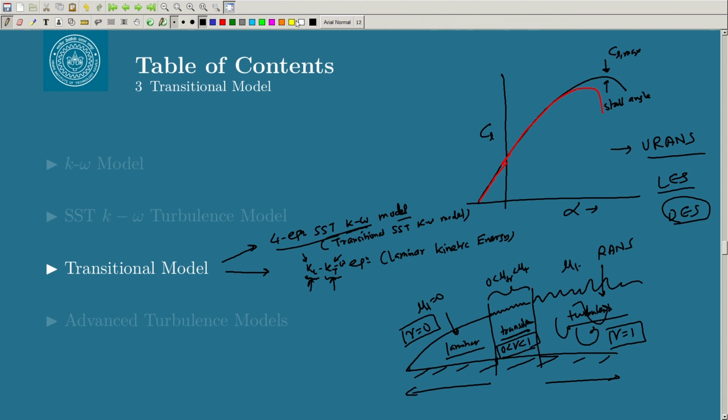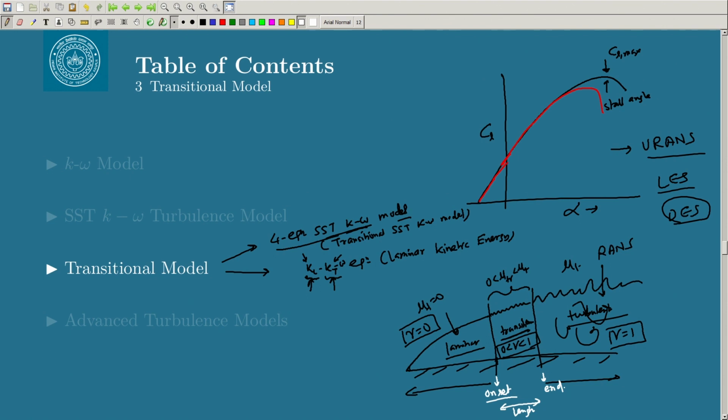So, this point is called the onset. This is where it started, and this is the length of the transitional region. So, where it is starting and where it is ending, the onset of the transition and the end of the transition, is also something that needs to be predicted by the model.